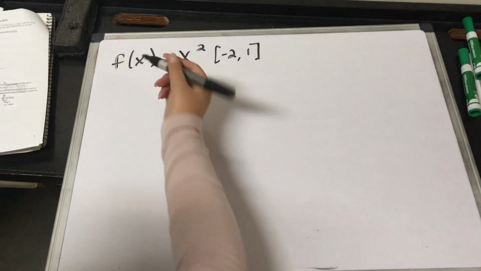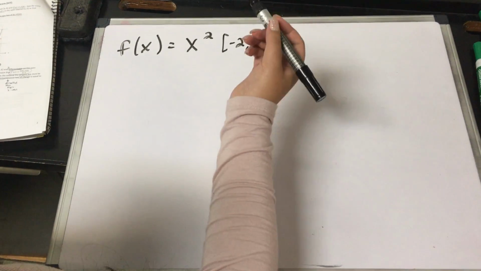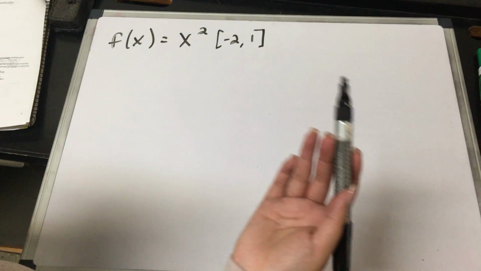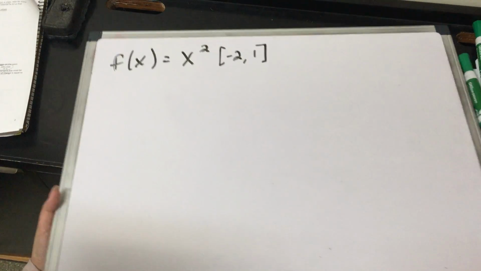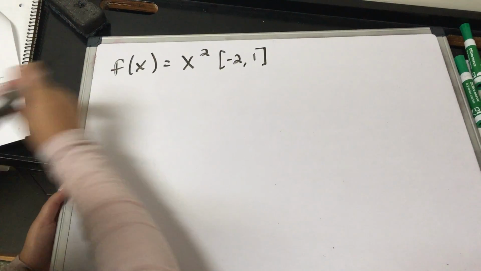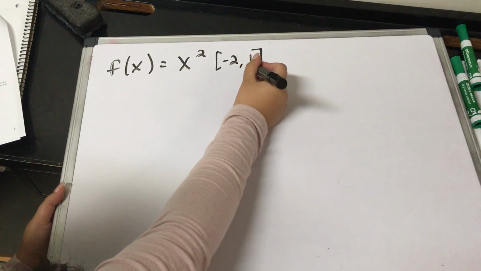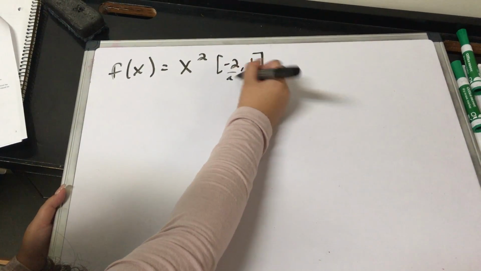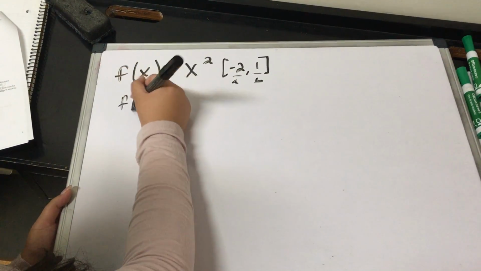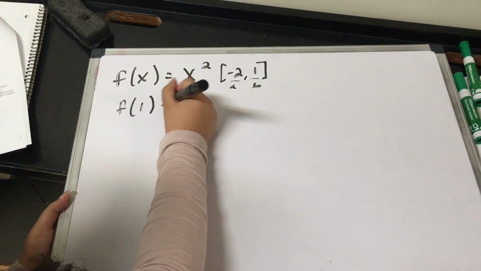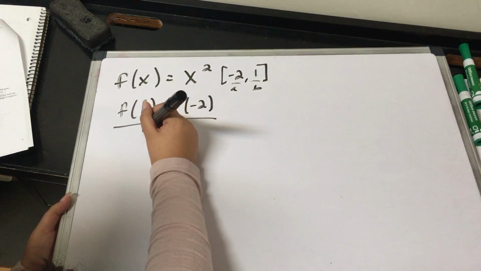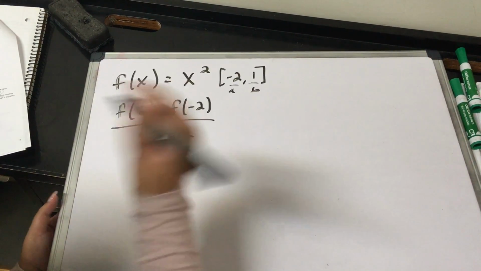So here I have f of x equals x squared on the closed interval -2 to 1, and we want to know if the mean value theorem can be applied. So what we're going to do is take f of b, which is f of 1, minus f of -2, over 1 minus -2.